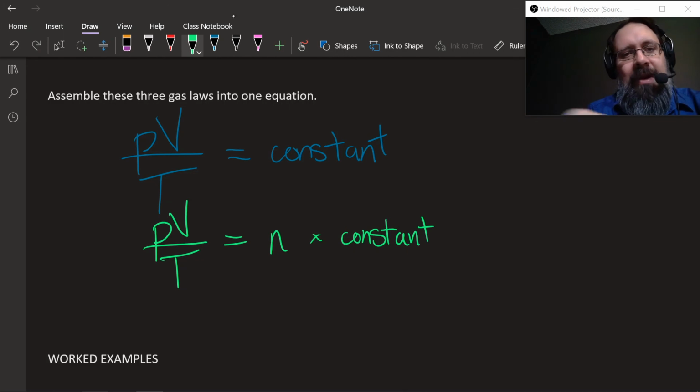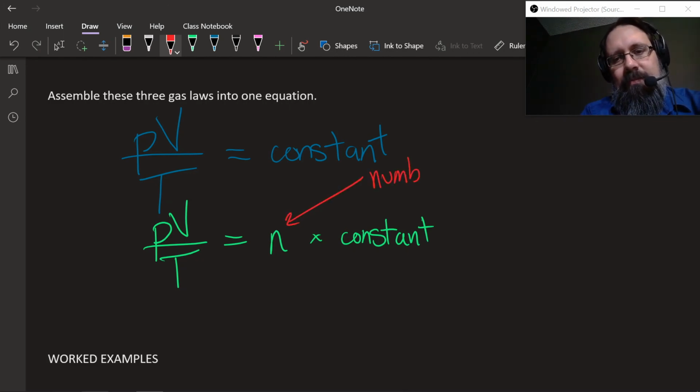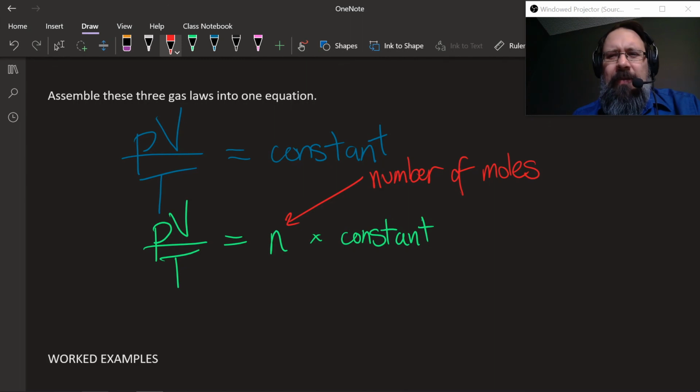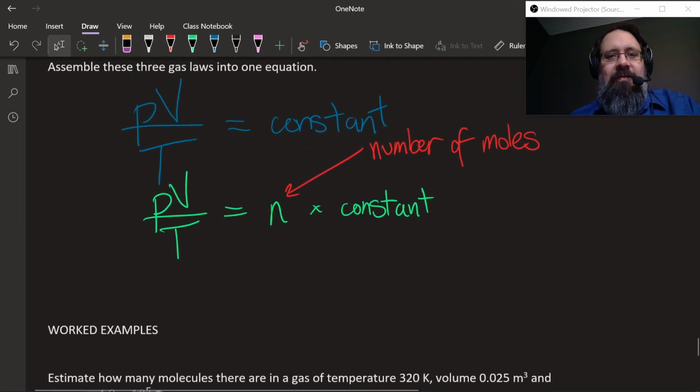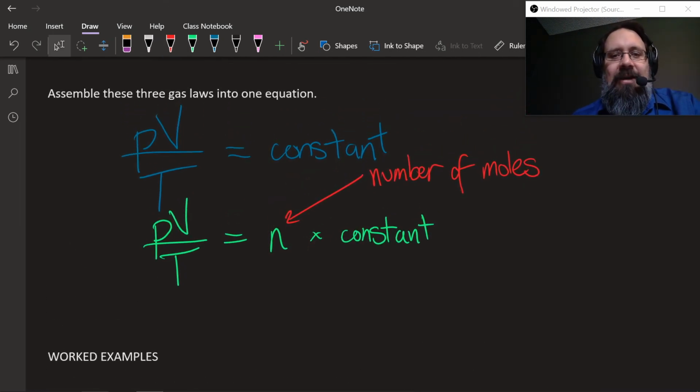And that n right there is the number of moles. We could have put any number there. You could have even put a mass, kilograms, whatever, but the amount of particles was constant. We're just going to use moles because that's the convention that we've decided to use.